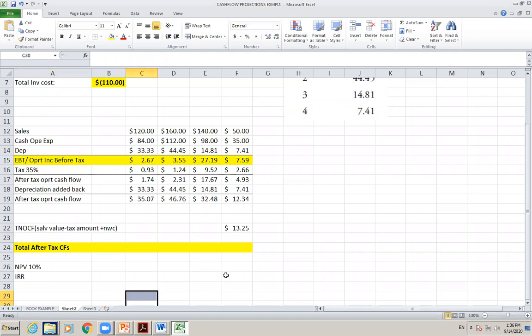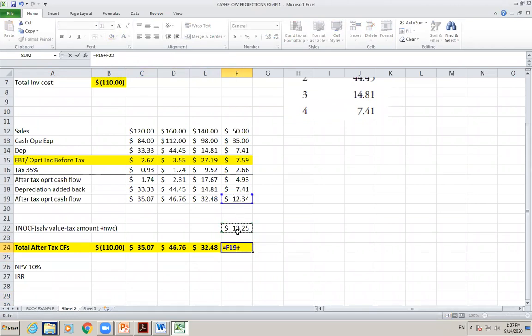Tax amount of the salvage value. Total after-tax cash flows. Let's see it. This, plus this.